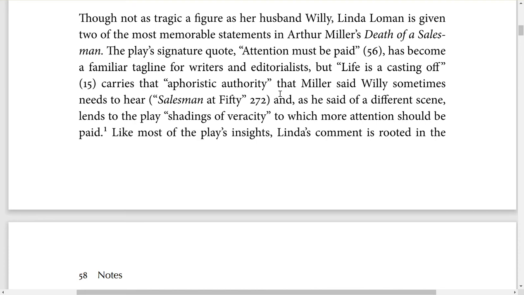One of them has been the topic of discussion among critics and readers quite often, but one of them is not as analyzed and paid attention to, and that is "Life is a casting off." By observing and showing this observation, again, the writer is trying to show us his observation here.